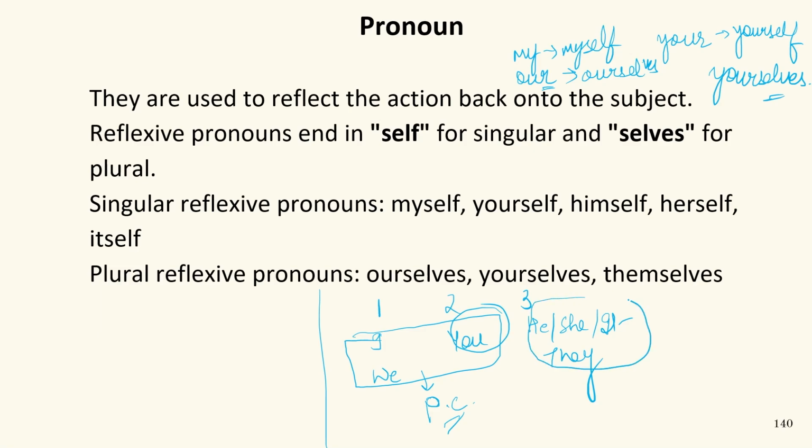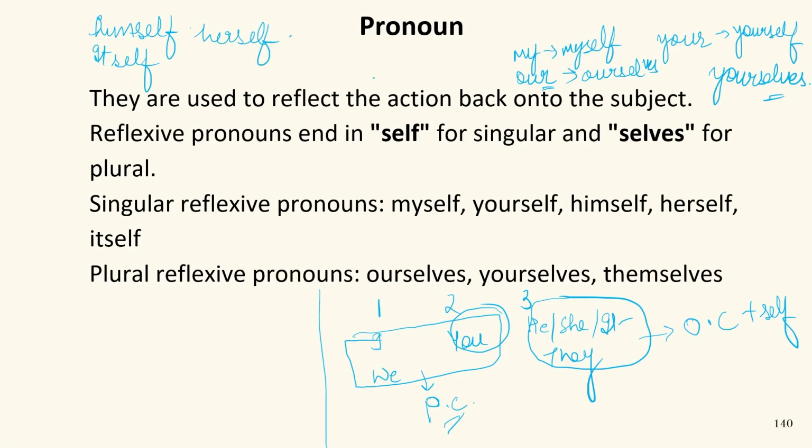Now, in case of the third person, we add the word self to their objective cases. For example, the objective case of he is him. So we'll add self to this word, that is himself, itself, and herself.